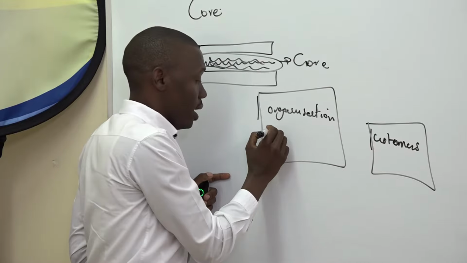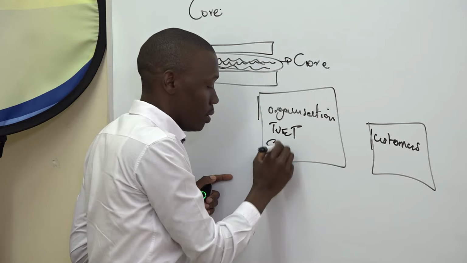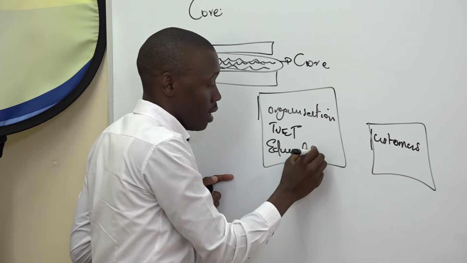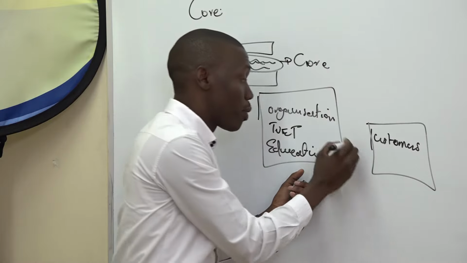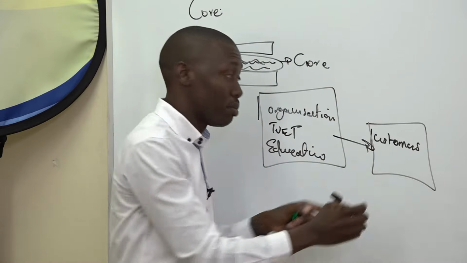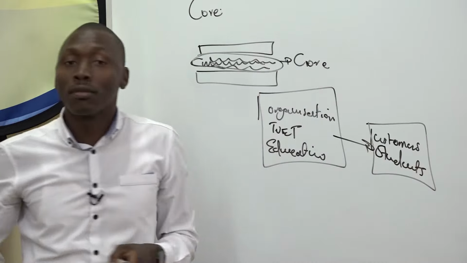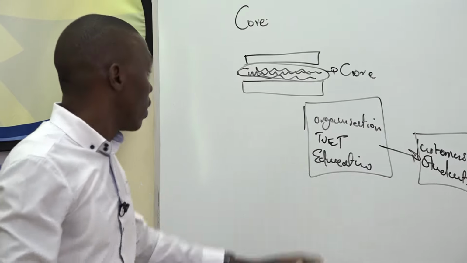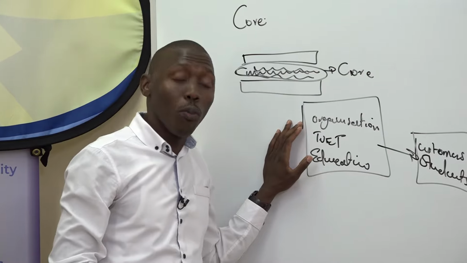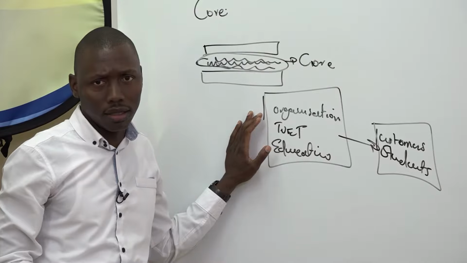For example, TVET, it's education. That is the core of TVET colleges, and it is provided to its customers who are what? Who are students. We have made an example that for TVET colleges, their core business is education and training, not other things.